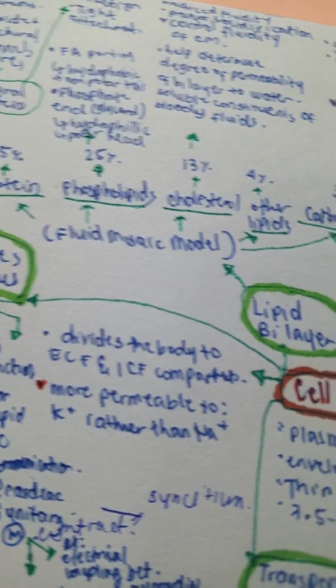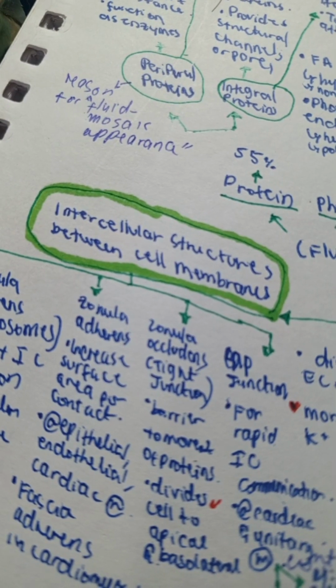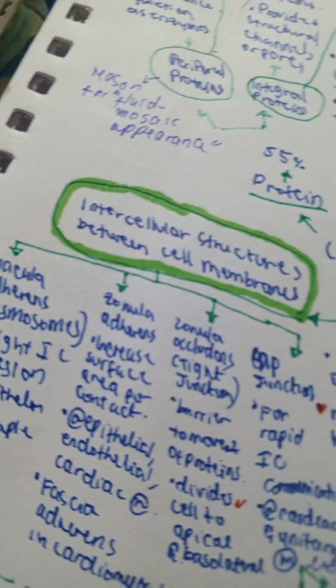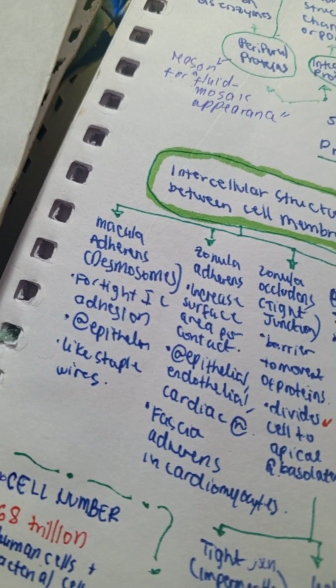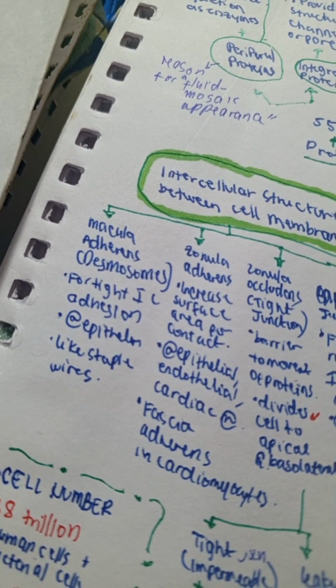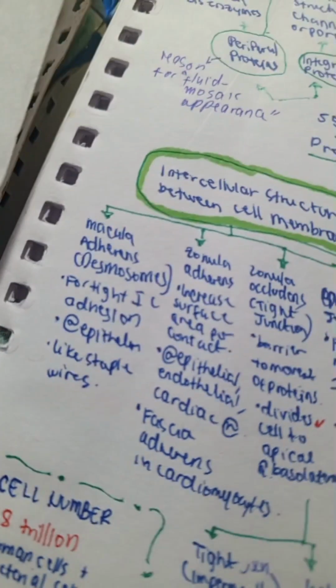Okay, so aside from the lipid bilayer, the cell membrane also contains intercellular structures, and we have here the macula adherens, also known as the desmosomes. Its function is tight intercellular adhesion, and it is found in the epithelium, and it is like staple wires.